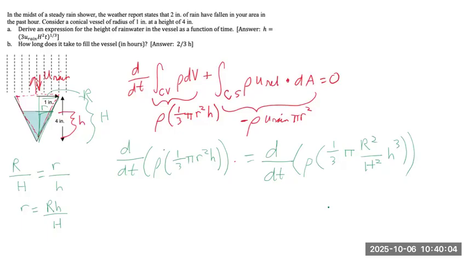Now we have constants. So rho, 1/3 pi, and r squared over h squared are all constants. So when we differentiate this, it becomes easier. And we are left with rho pi r squared over 3h squared times 3h squared dh/dt.